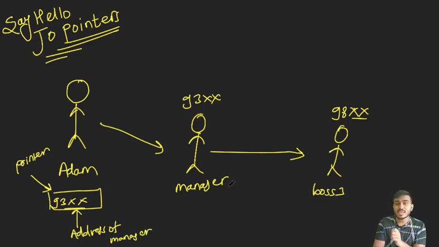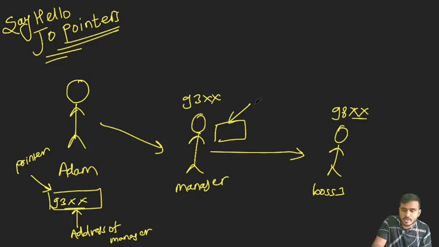Now this manager, as he is the manager of boss 3, is actually having the mobile number of boss 3. Okay, so this manager is having one card, so this card is nothing but a pointer, and on this card he has the number of his boss, that is 98 something something.